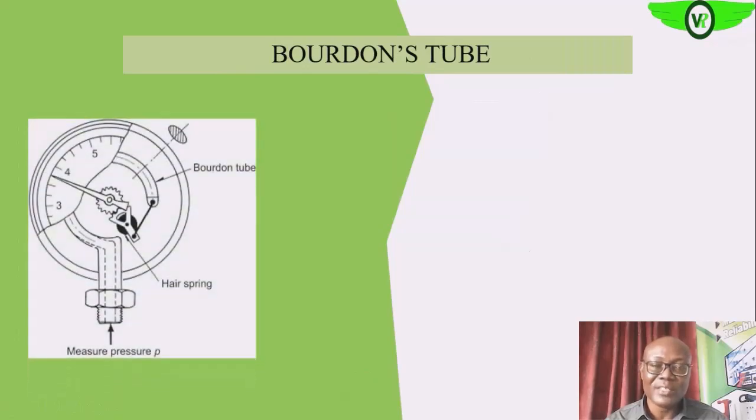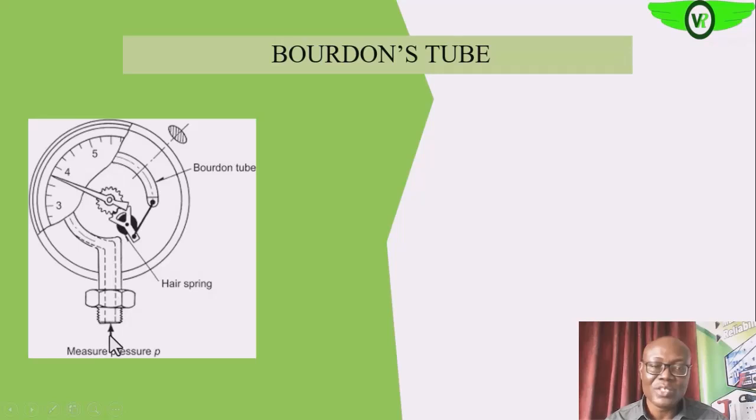So we also have the Bourdon tube. The Bourdon tube is just a tube that is capable of expansion when the internal pressure is increased. There is an opening here that goes into this tube.